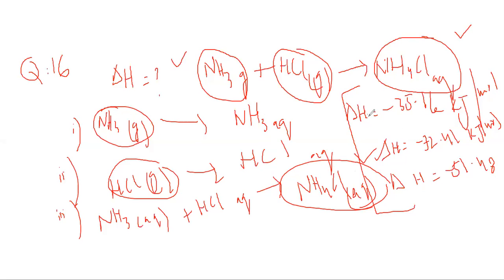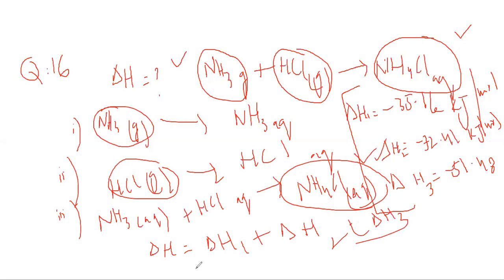Consider these as delta H1, delta H2, delta H3. So delta H is equal to delta H1 plus delta H2 plus delta H3. Delta H1 is minus 35.1, plus delta H2 is minus 72.41, plus delta H3 is minus 51.48.